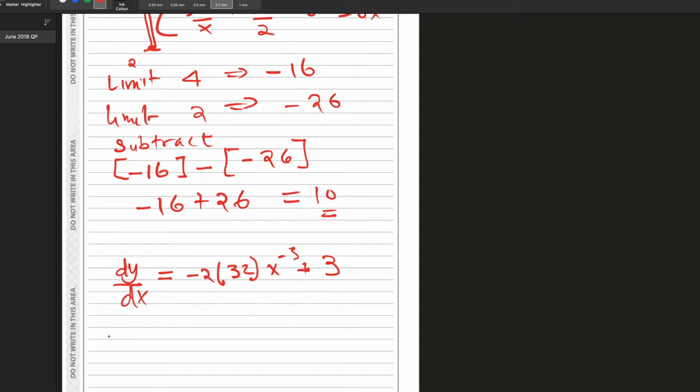So when x equals 4, this equals negative 2 times 32 all over x to the power 3, and plus 3.